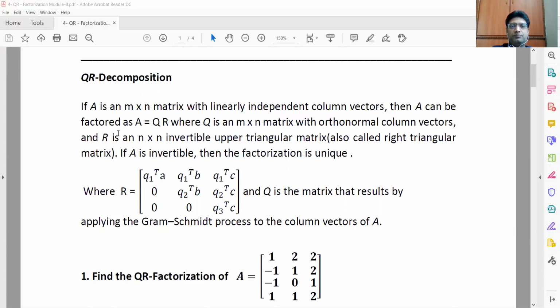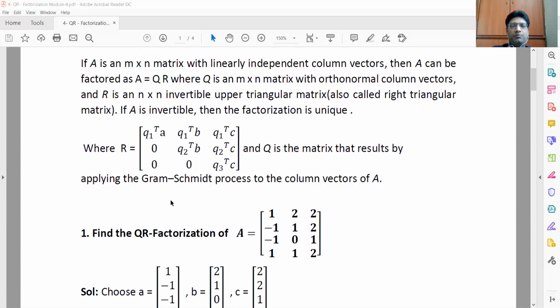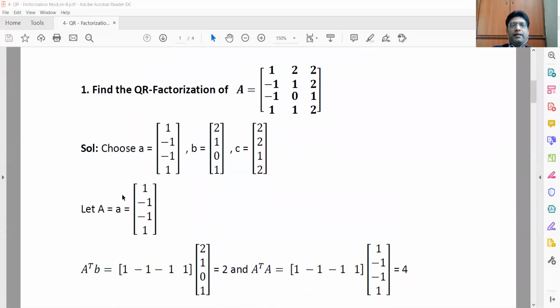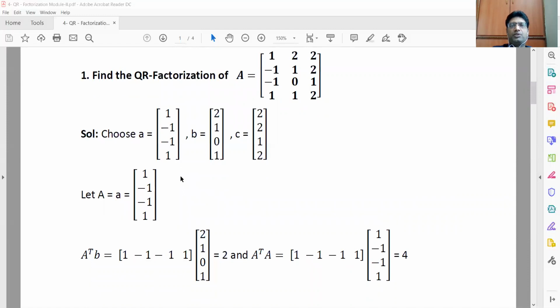Now we'll take one more problem and go through this QR decomposition. Find the QR factorization of A equals 1, 2, 2, minus 1, 1, 2, minus 1, 0, 1, 1, 1, 2, which is a rectangular matrix of order 4 by 3.